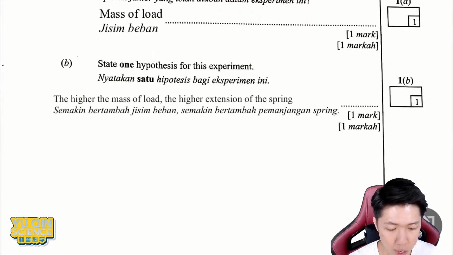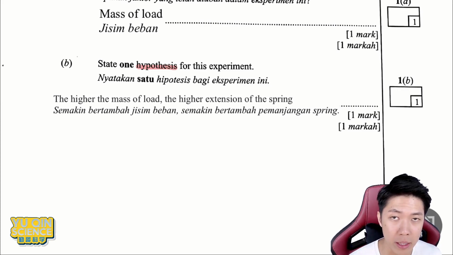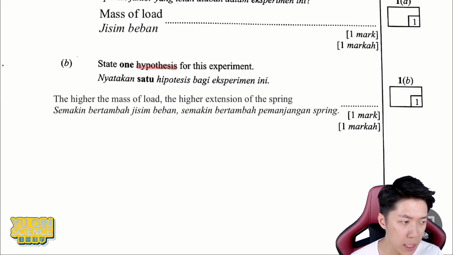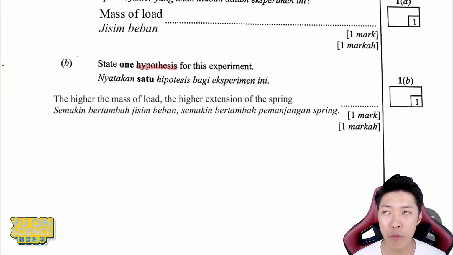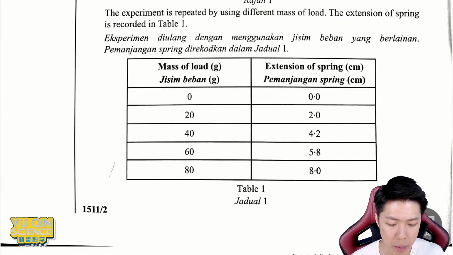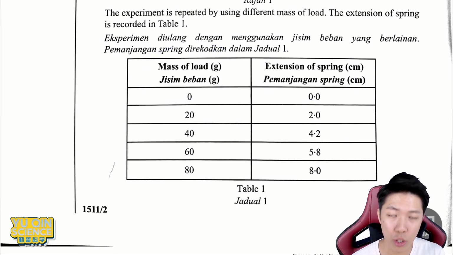Next one, hypothesis, 假设. Everybody, you remember the method I explained to you. There are 3 ways: either you go for the basic method, or the if-then method, or the comparison. As you can see, our manipulated and responding variables are here. We want to combine these to form a proper sentence.